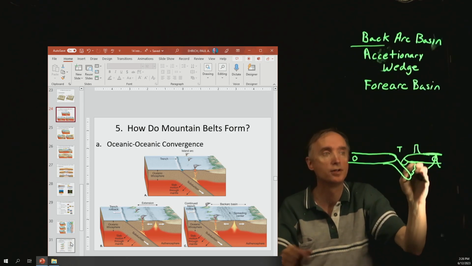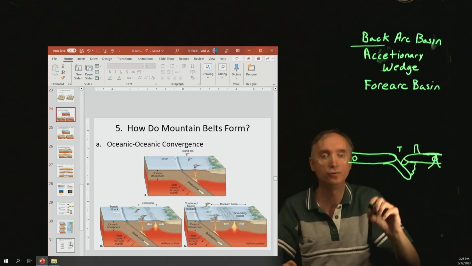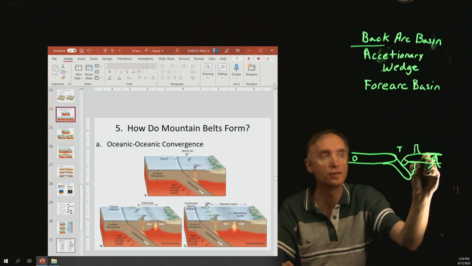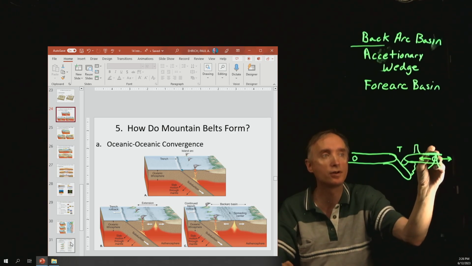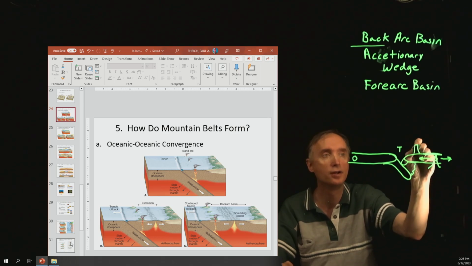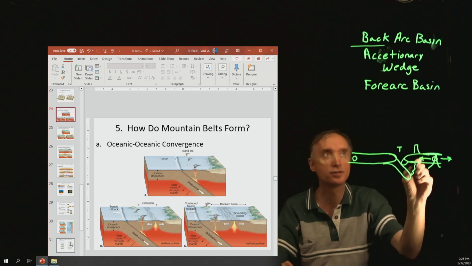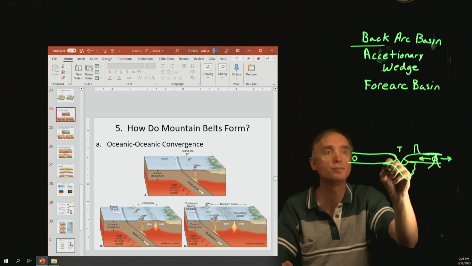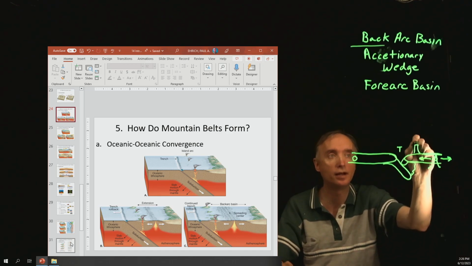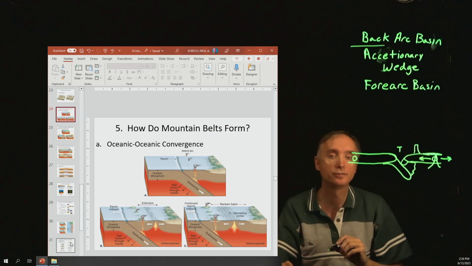So it's going to cause a new rifting zone. This plate is going this way, and this plate's going this way, and it's going to start to create new ocean floor behind this island arc system. So this is going to be called the back arc. It's behind the island chain here.